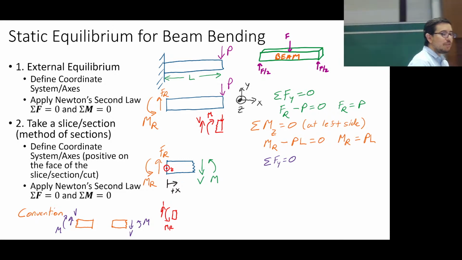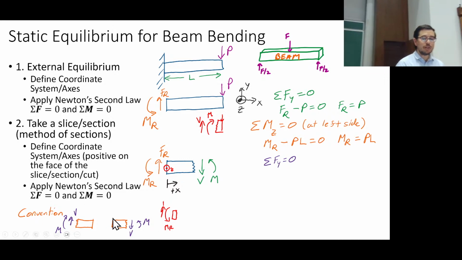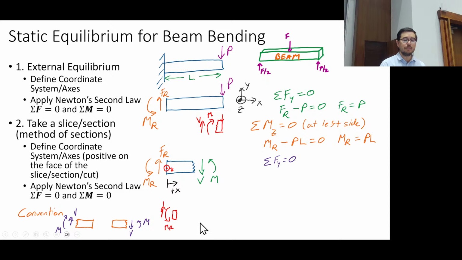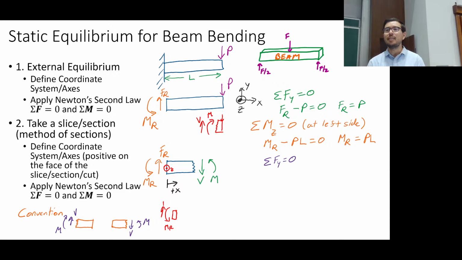So we have to be able to communicate that. The conventions that we use are in Hibbler's book. If you slice and you have the open side exposed, then down is the shear force and counterclockwise is the internal moment. These are not negotiable for this class.